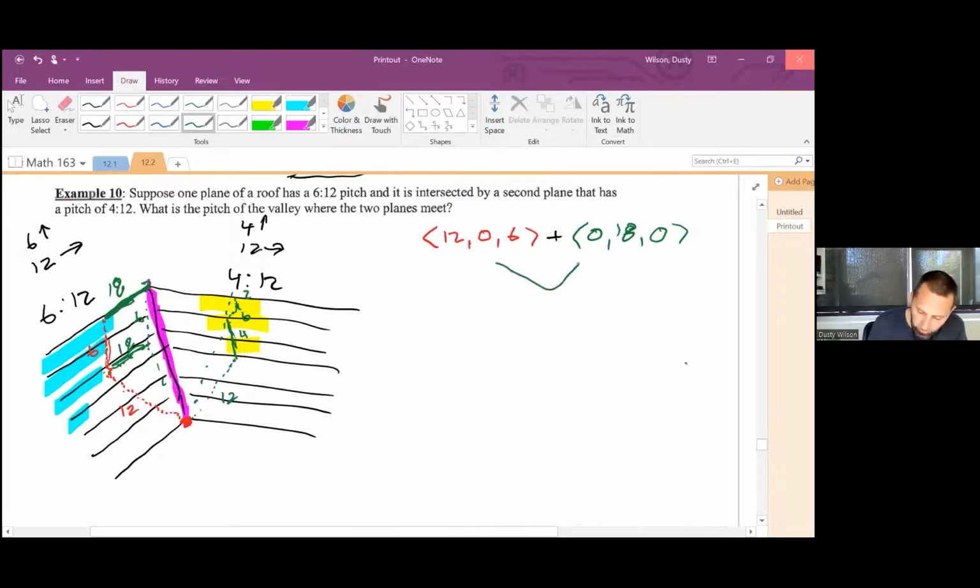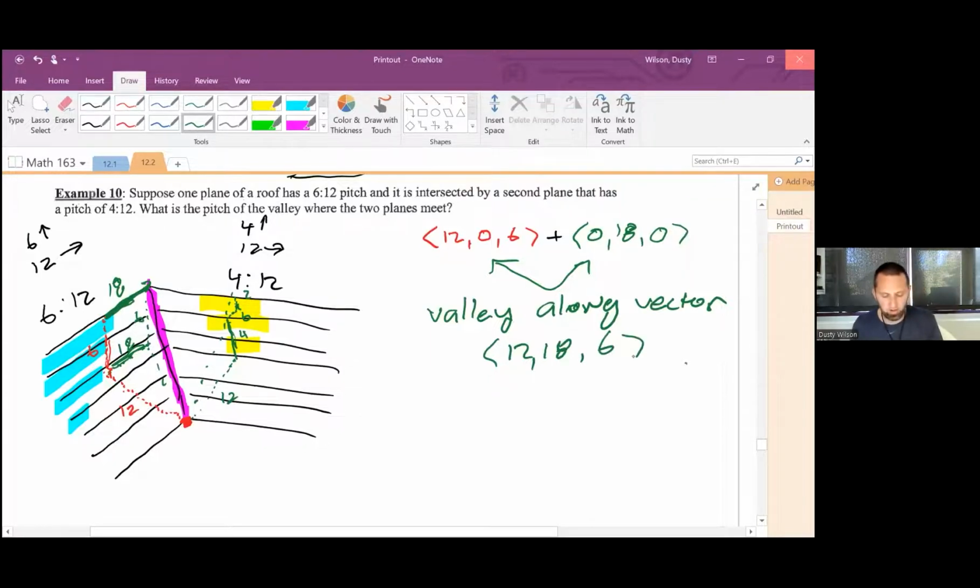So together, these combine to say that the valley is along the vector 12, 18, 6. Right? Because it would take me 12 in the x direction to go up 6. It would take me 18 in the y direction to go up 6.